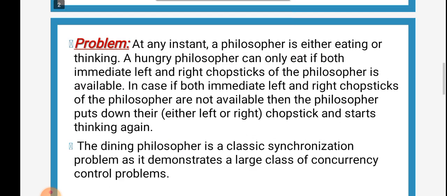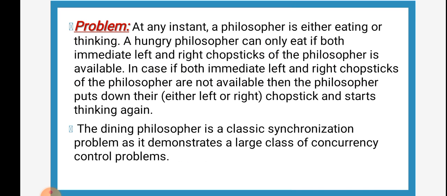So what is the problem here? At any instant, the philosopher is either eating or thinking. Only two states: a philosopher either thinks or eats. If a philosopher wants to eat, both the immediate left and right chopsticks should be available. In case both are not available, then he is not eligible to eat the rice.